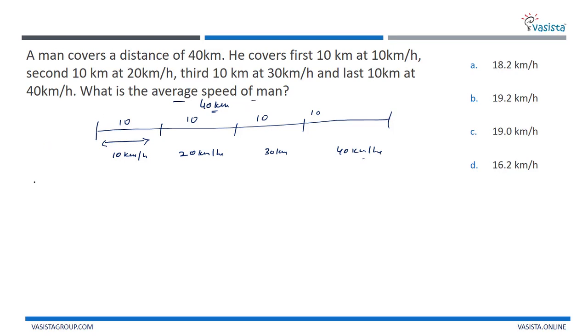We know that average speed is equal to total distance traveled by total time taken.